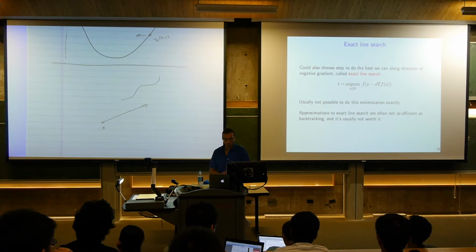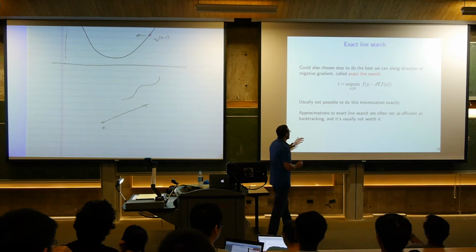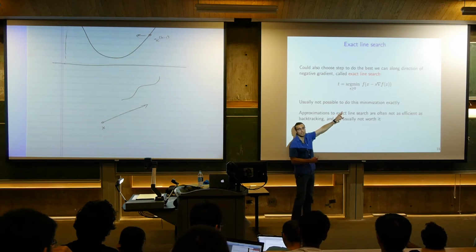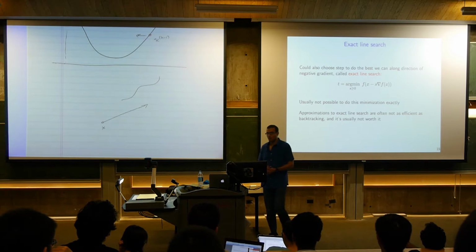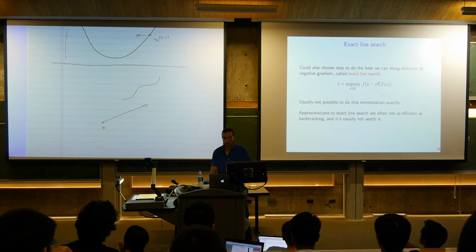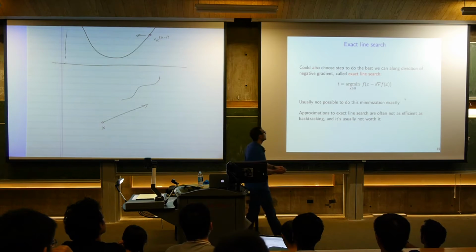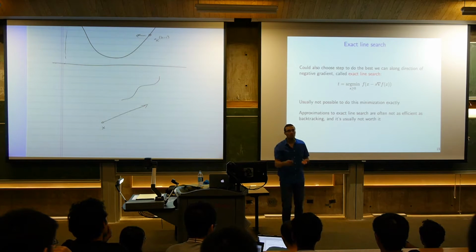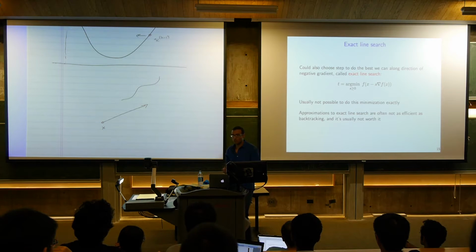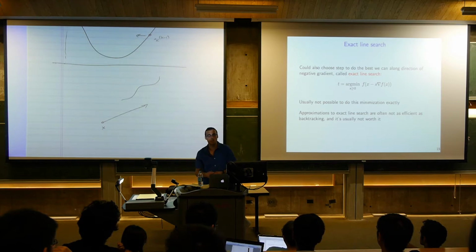It's usually much simpler to use backtracking, and you don't gain much by trying to optimize the step size exactly, or even approximately. I could think of this as a separate one-dimensional optimization problem, and throw my favorite one-dimensional optimizer at it to find the right step size at each step. Usually it's not worth it. Usually, backtracking is just as good, or close enough.